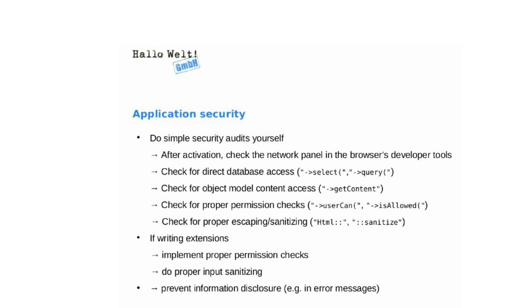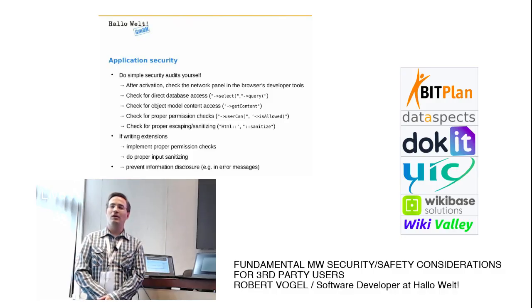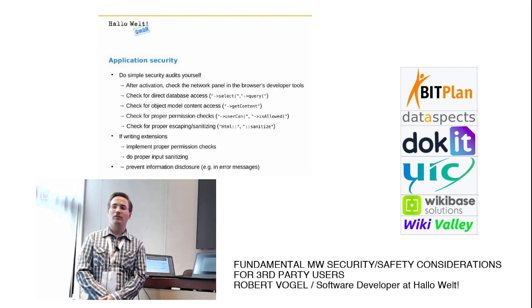The first thing is, after you've activated the extension, you should check the network panel of your browser and have a look at which resources are loaded. In most cases, this wouldn't be a big issue, but there are extensions out there that load external scripts. And for external scripts, it's the same problem as it is for the MediaWiki Common JS, for example.